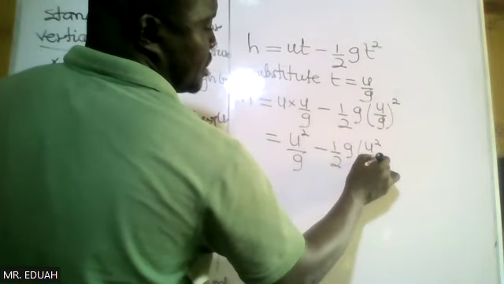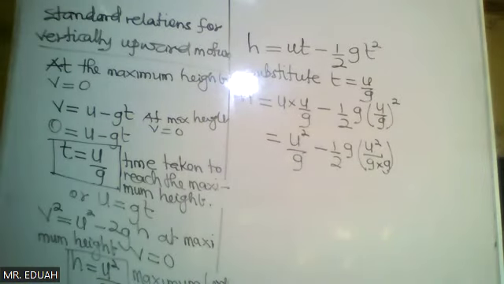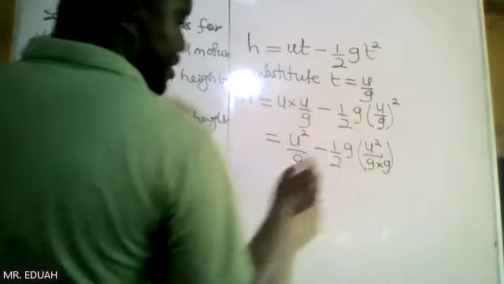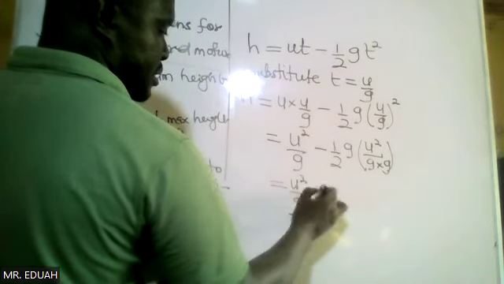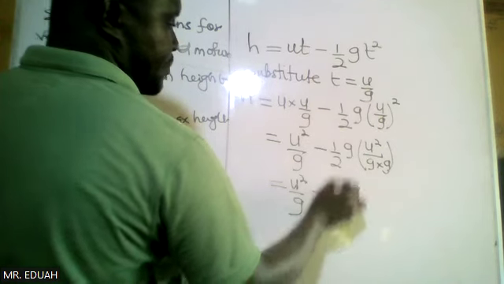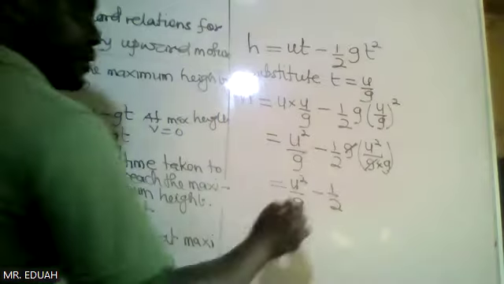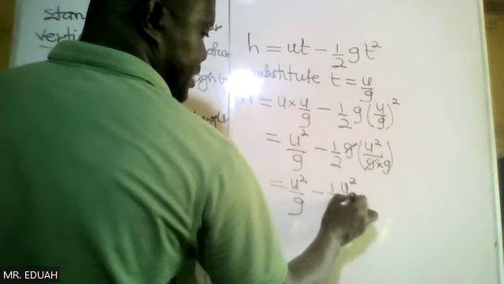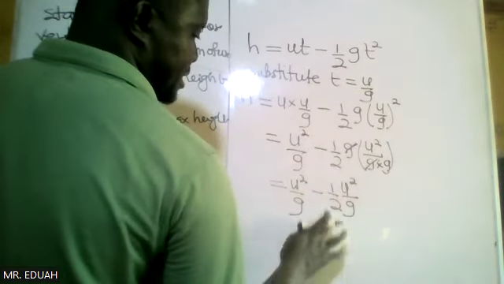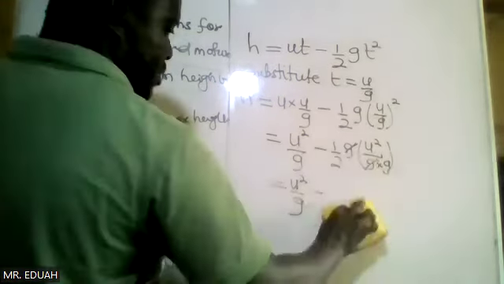And g squared, I know this to be g times g. I'm doing this because of the g outside, so that when I multiply through, it can cancel out. This can cancel one. So we have u squared over g minus u squared over 2g.